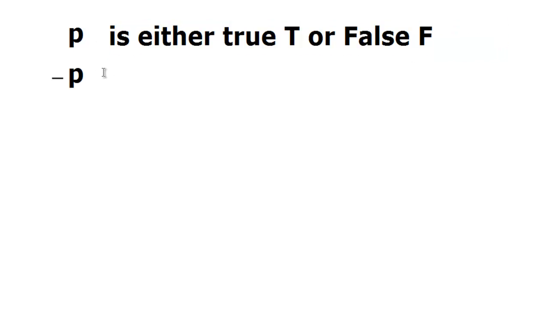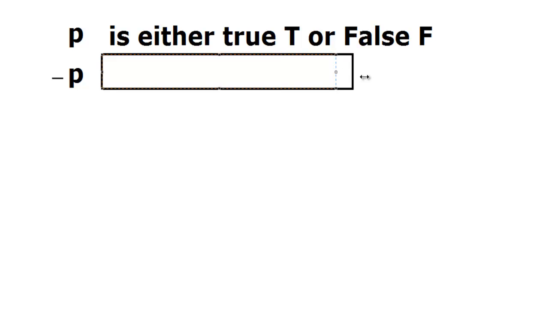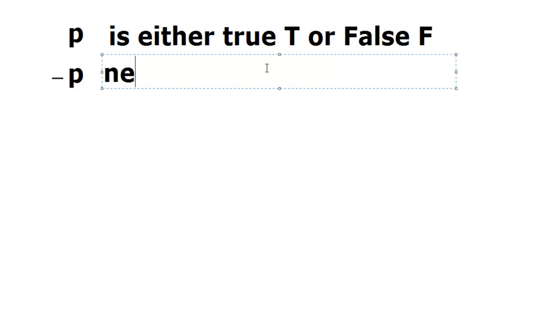Now if we write negative P, it's called the negation of P. So when P is true, negation of P is false, and vice versa. So let me just show it to you in a truth table.